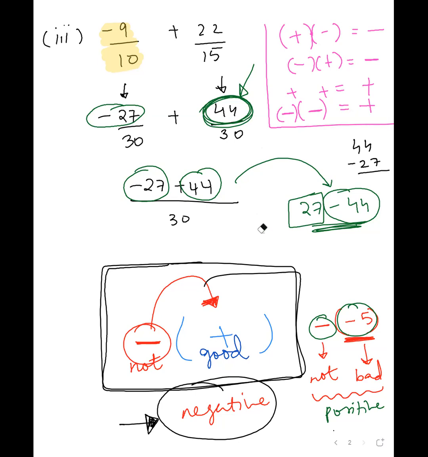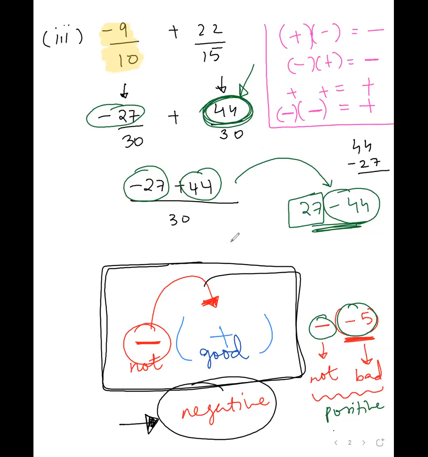Okay, let me give you one more example. Over here it was minus 27 plus 44, right? Let's say I give you a number, minus 2 plus 5. Now, according to what you are saying, we should make it 2 minus 5.